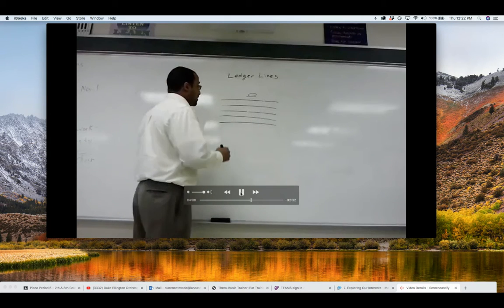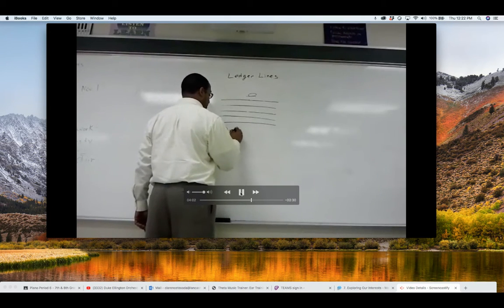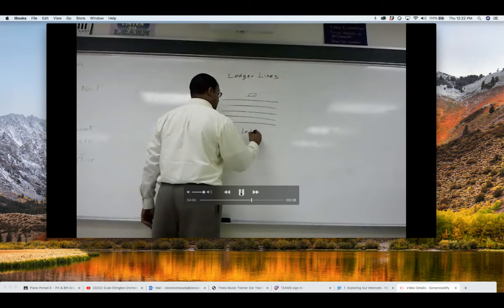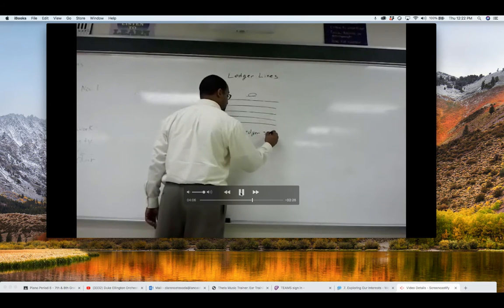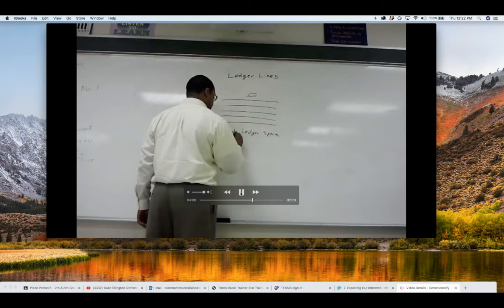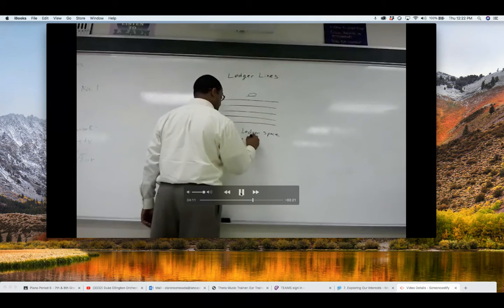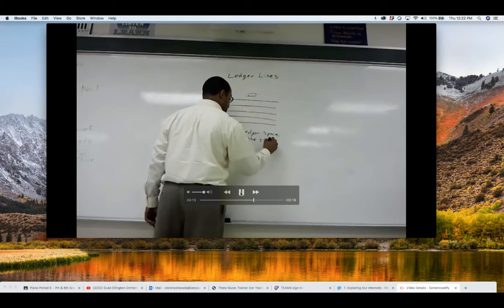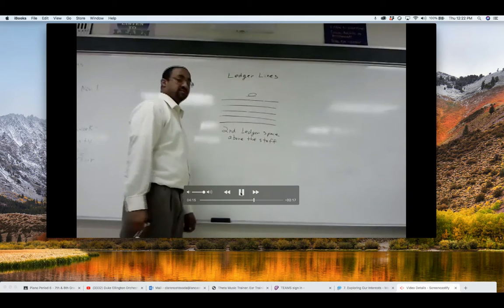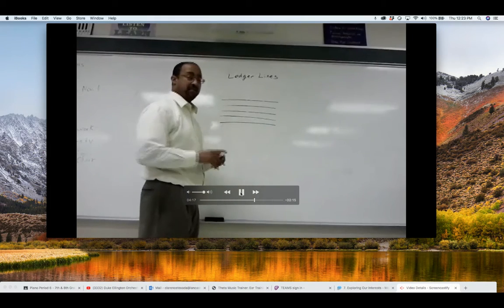This one would be called second ledger space above the staff. Same thing happens here.